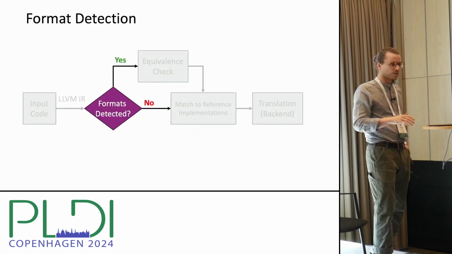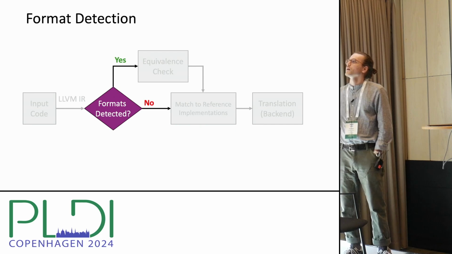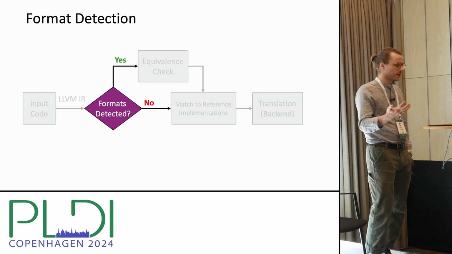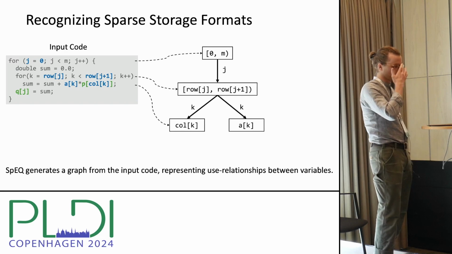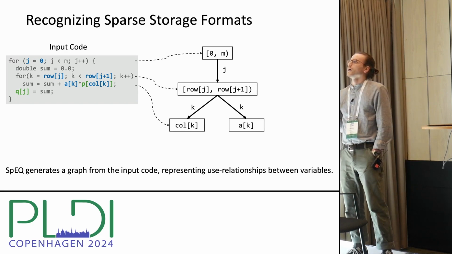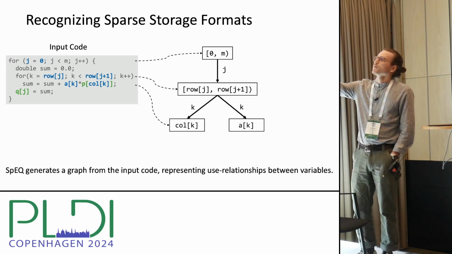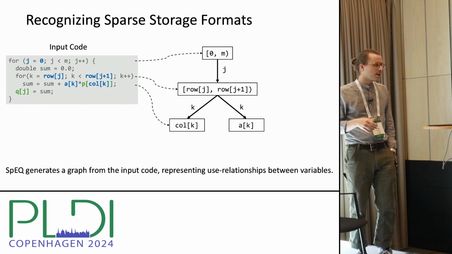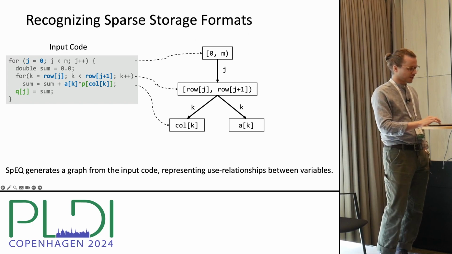Okay, so let's start with the first stage of the pipeline, which is where we try to figure out what storage formats are actually being used in the input code. There's the running example again on the left. And on the right, I'm showing kind of a cartoon.